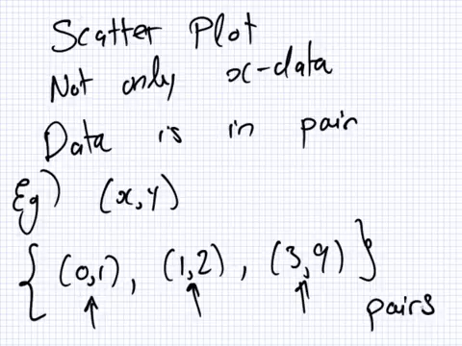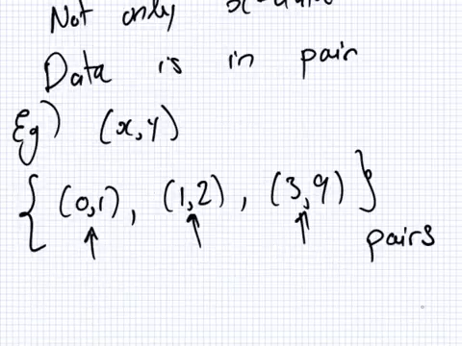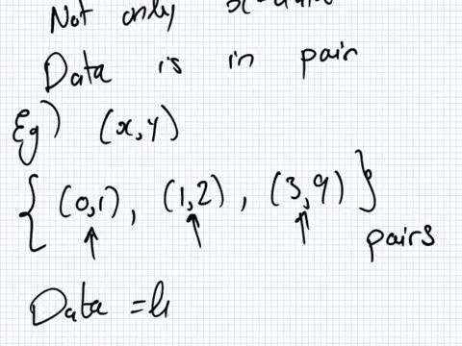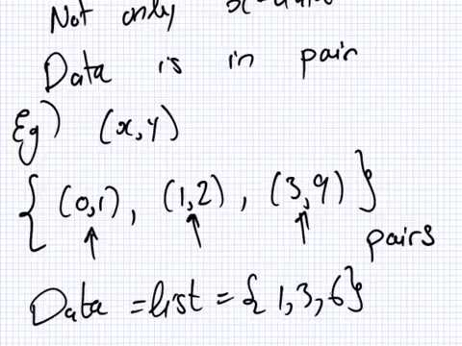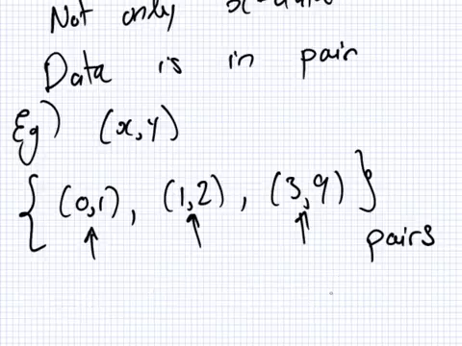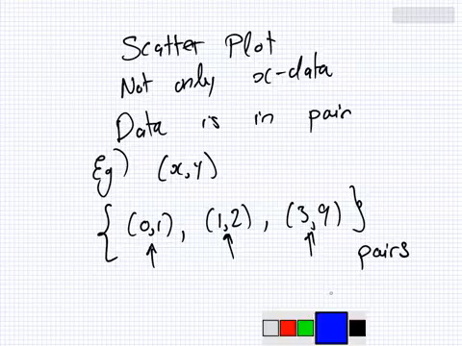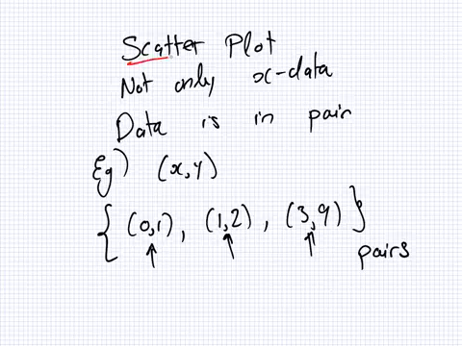So this is different to last week, because last week our data was really just a list of numbers like 1, 3, 6. That was last week. So today our data now goes in pairs. This is the key thing about a scatter plot, is that your data must be in pairs, like x and y.